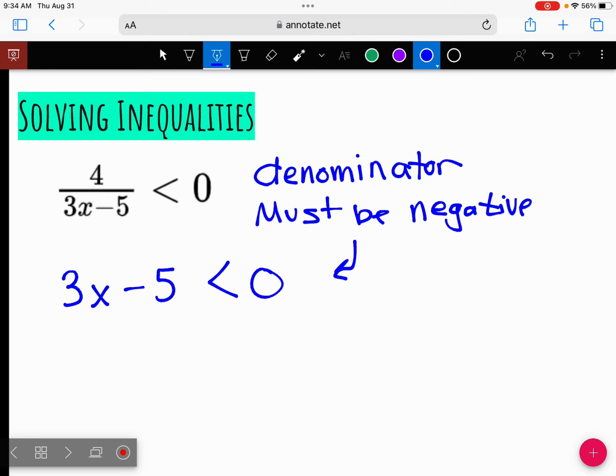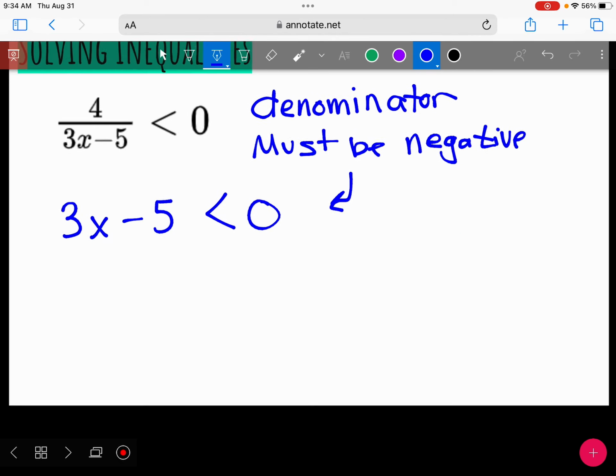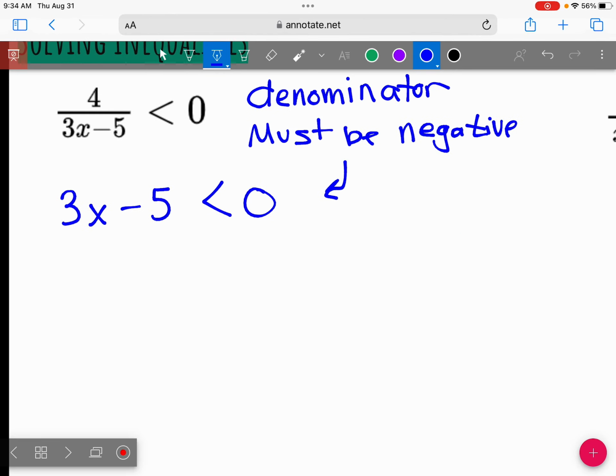So we can just say, when is my denominator negative? It's way less work than trying to deal with x's in the denominator. It gets a hot mess. So all we have to do is solve this. 3x minus 5 is less than 0. Add 5. So we get 3x is less than 5.